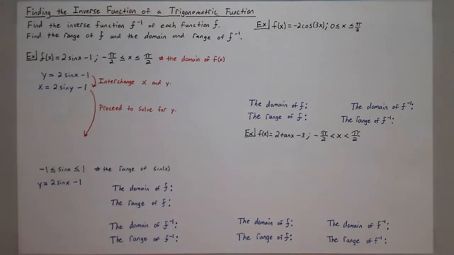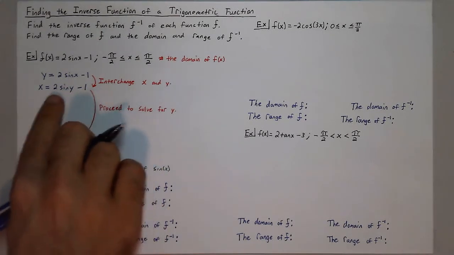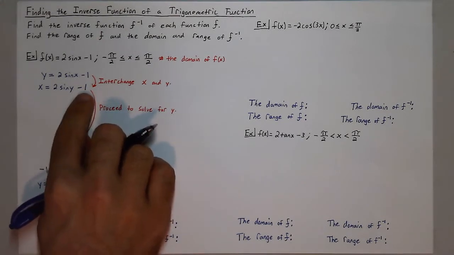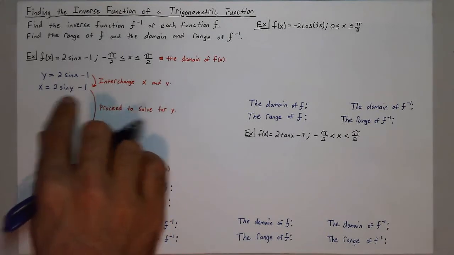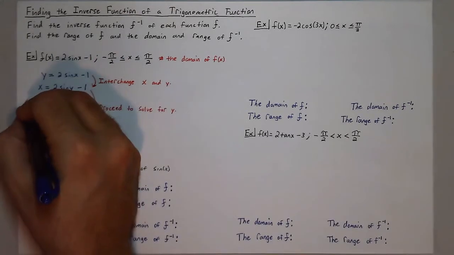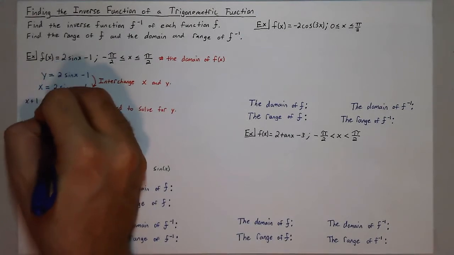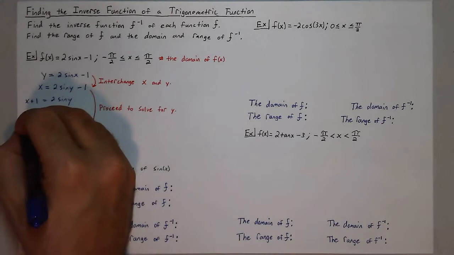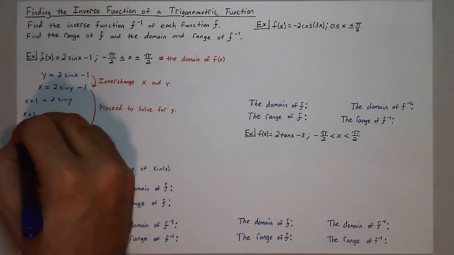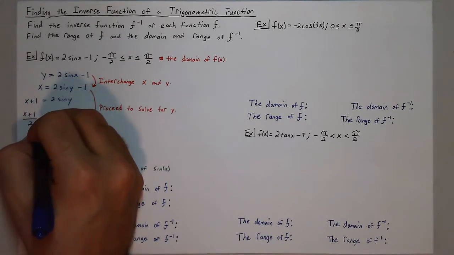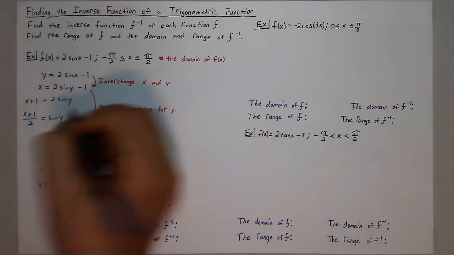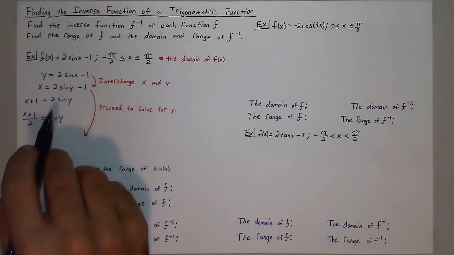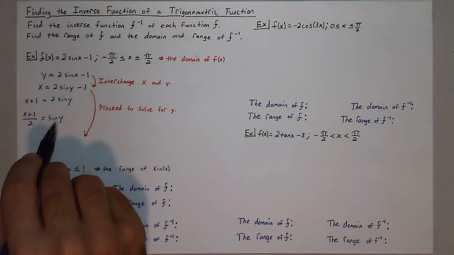Now I'll just proceed to solve back for y, which means I'm going to undo all the operations happening to sine 2y right here. So first I'm going to add 1, so I'll have x plus 1 is equal to 2 sine of y. Then I'll divide by 2, so I'll have x plus 1 over 2 is equal to sine of y. And then I'll take the inverse function, sine, to the other side.